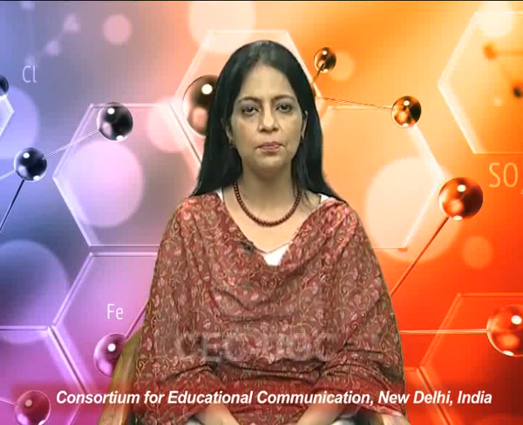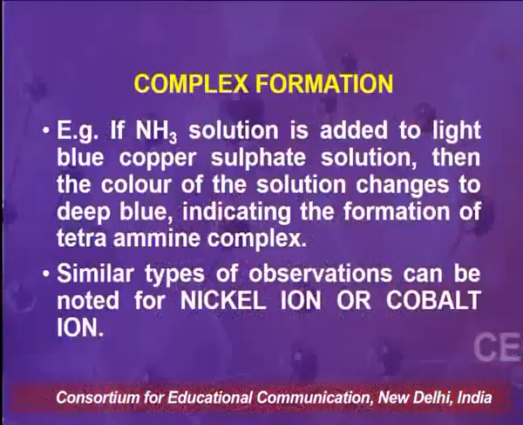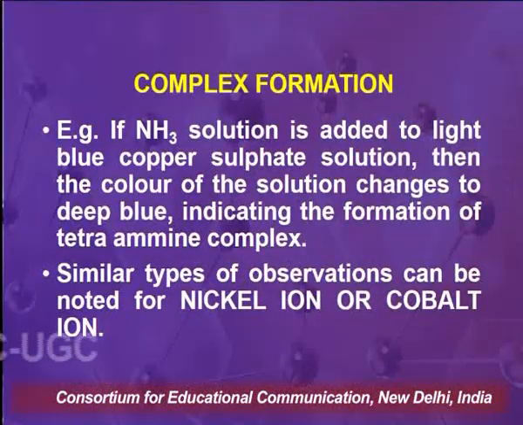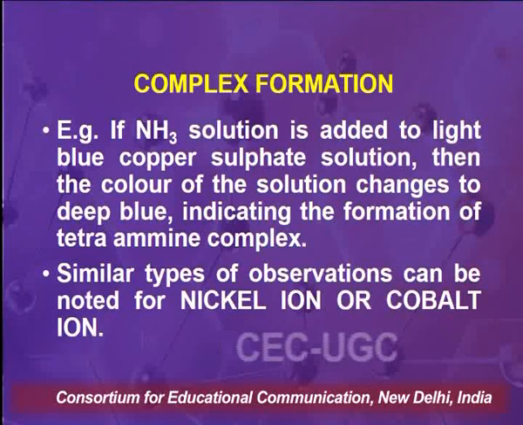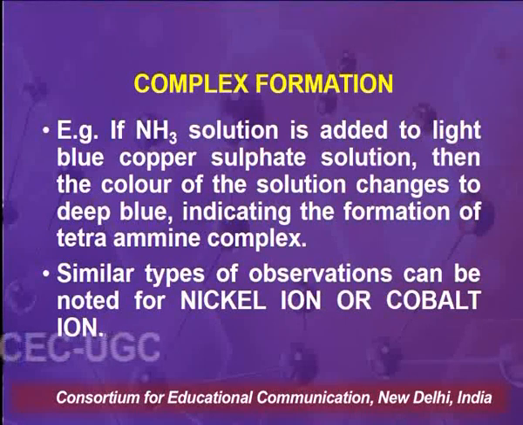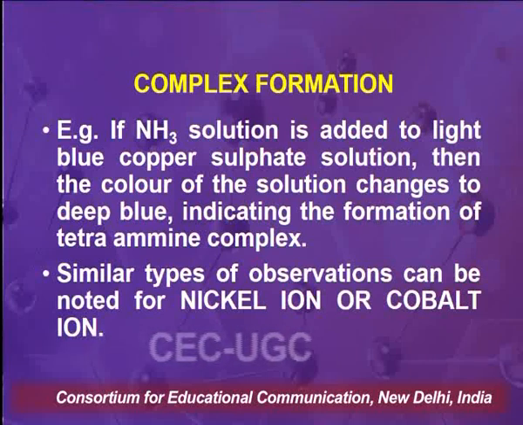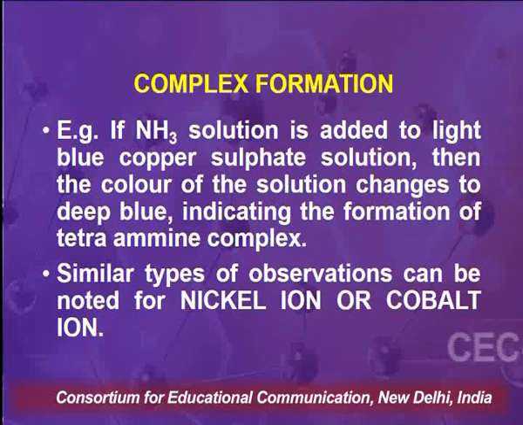For example, if ammonia solution is added to a light blue copper sulfate solution, then the color of the solution changes to deep blue, indicating the formation of the tetraammine complex. Similar types of observations can be noted for nickel ion or cobalt ion also.